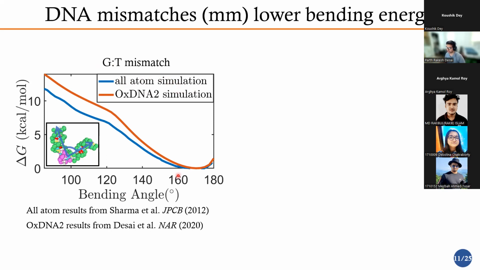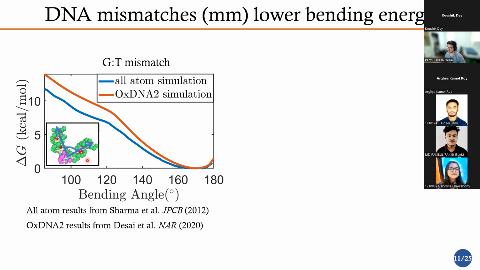to our questions, right? So the first thing I did was I had a short DNA molecule, and then I used umbrella sampling to bend the short DNA molecule from a straight DNA, so that's like 180 degrees, to a very strong bend, right? And then I compared that bending energy that I got from the simulations to the already published data for all atom simulations.